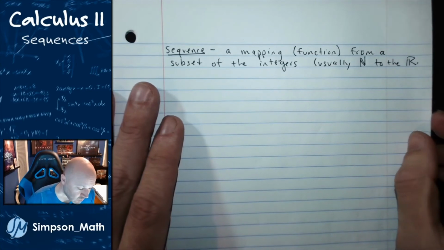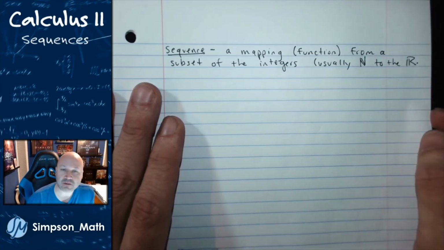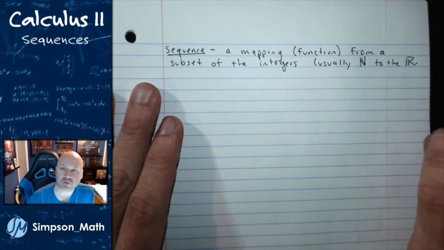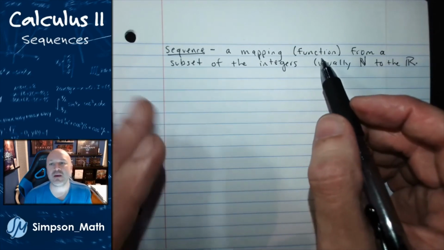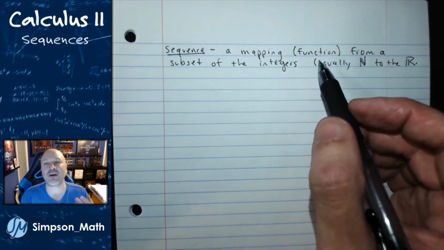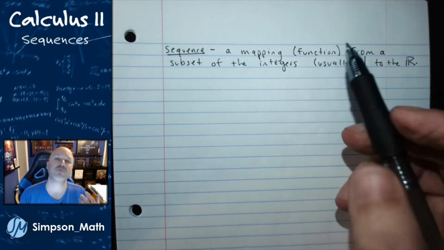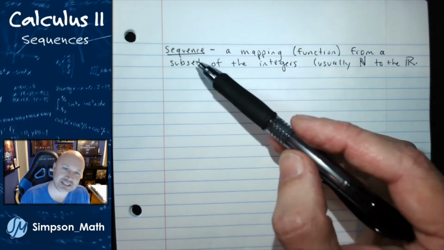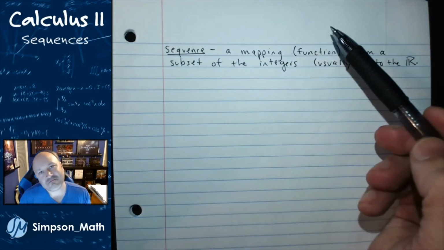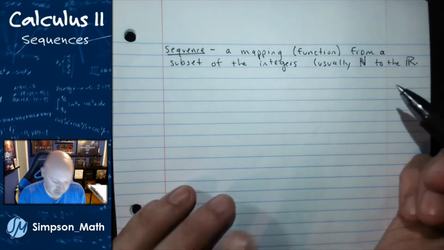And we said earlier that we can talk about limits. Well, of course that makes sense. Back in Calculus 1, we found limits of functions. So of course we can find the limit of a sequence because these sequences are just a form of a function.